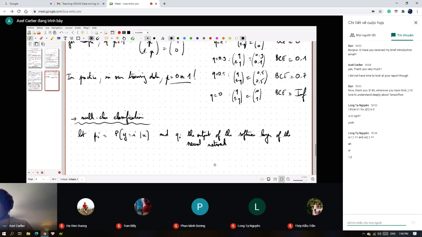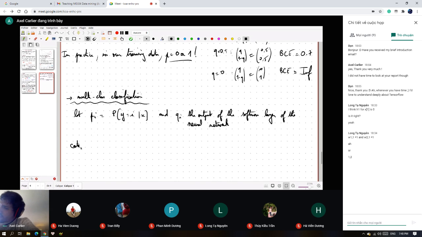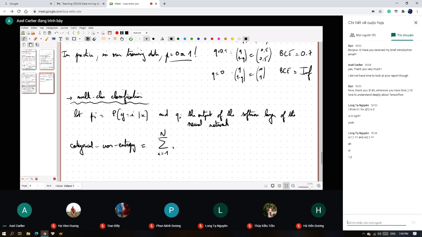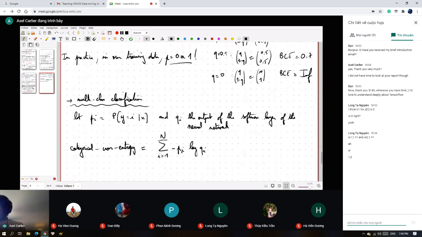And so it's not called binary cross entropy anymore. It's just called categorical cross entropy, in Keras at least. This will be the sum over i equals 1 to n, the number of classes, of minus Pi log of Qi. So in fact, it seems simpler. It's not simpler because it's exactly this, except that you have more terms in the sum. You have n terms, but it's exactly the same.